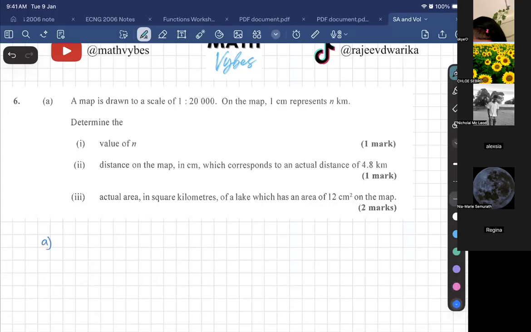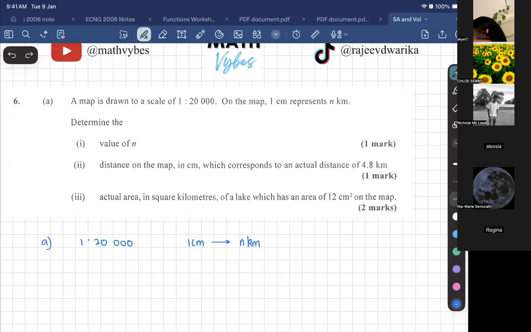So part E. You have a map and it's drawn to a scale of 1 to 20,000. They're saying on the map, 1 centimeter represents n kilometers. So, Samir, when you read this and they're asking you to determine the value of n, how are you feeling? Feeling cooked?